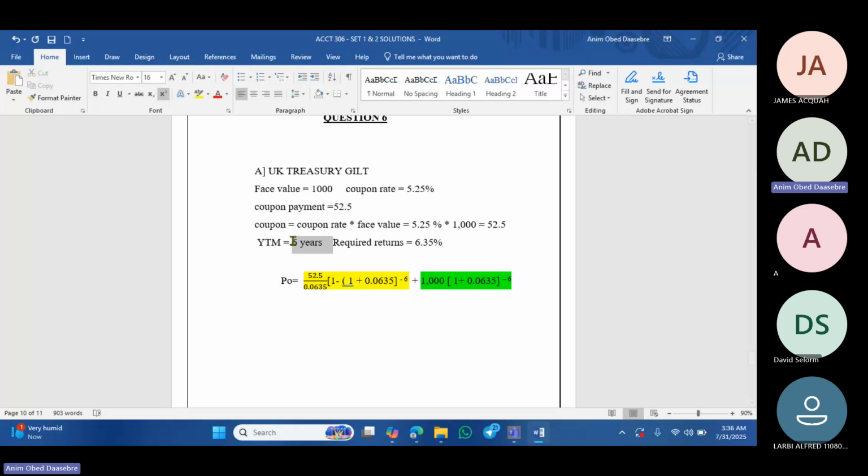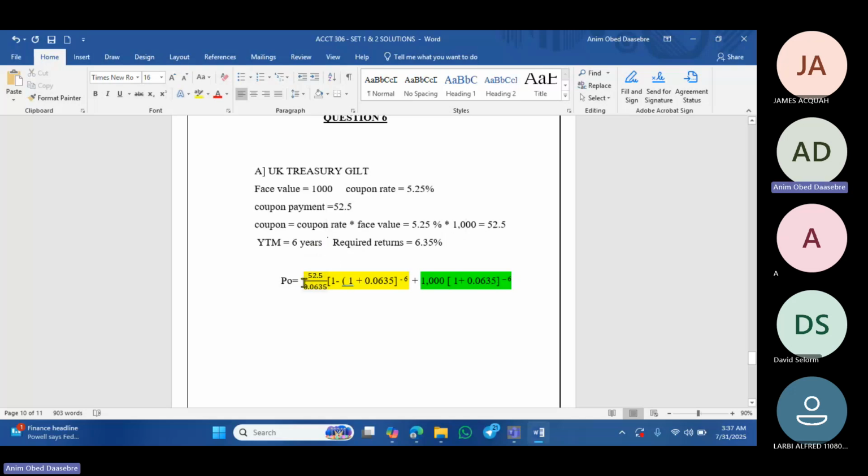So to find the present value of that equal payment made over the maturity years, you use the annuity formulas, whether the ordinary or the advance. That's why we are using the annuity formula.